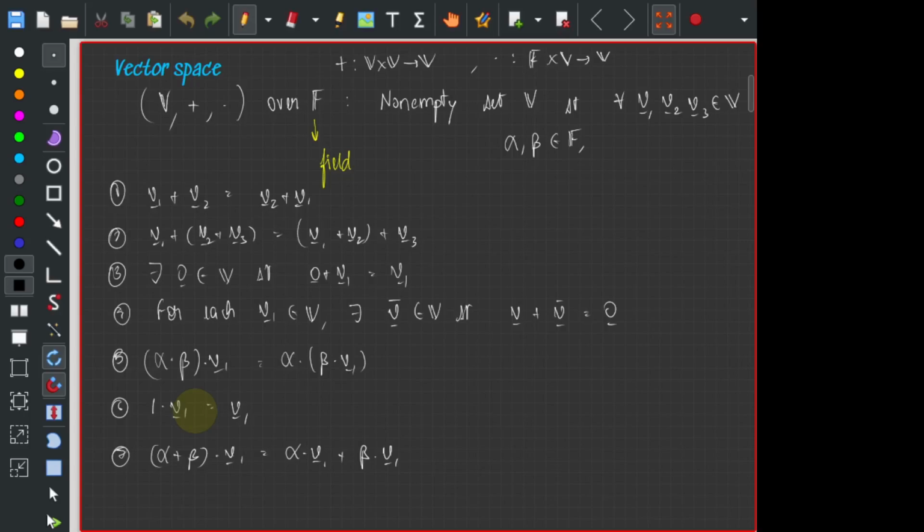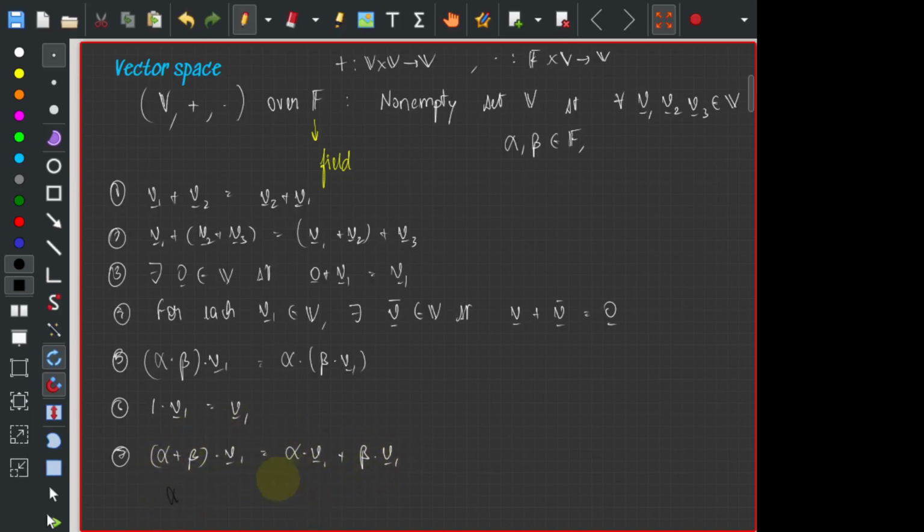And scalar addition also has a distributive property, which says that alpha plus beta times a vector, if I add two scalars and multiply by a vector, is the same as multiplying the first scalar by the vector and then multiplying the second scalar by the vector.